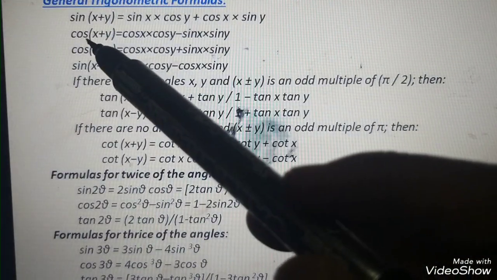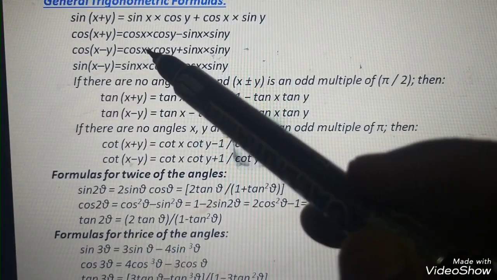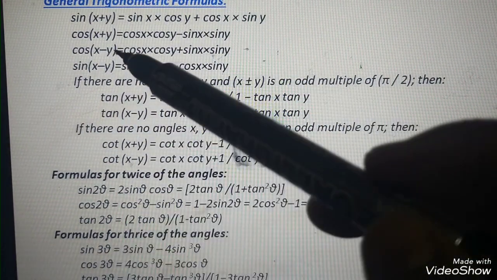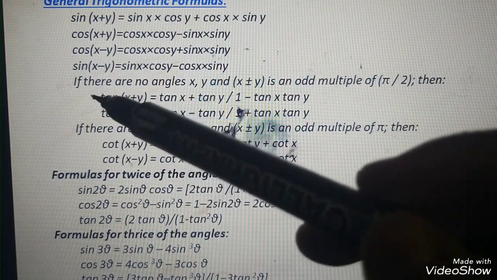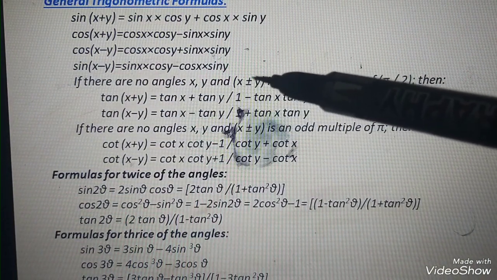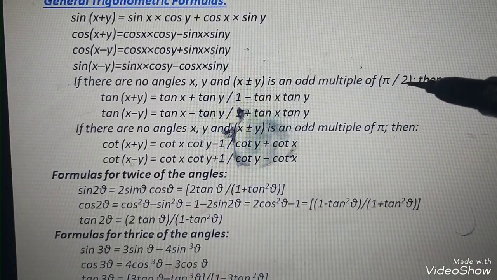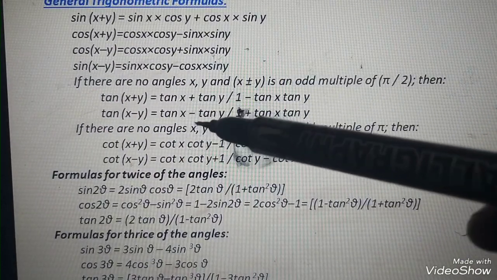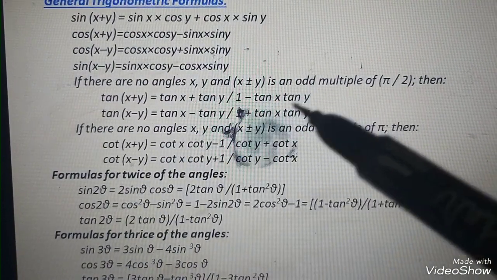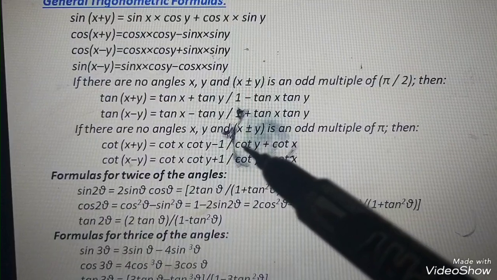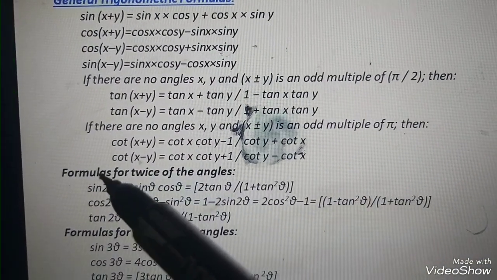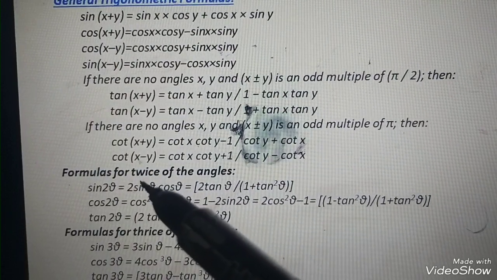Cos(x plus y) is cos x cos y minus sin x sin y. If x, y and x plus or minus y are not odd multiples of pi by 2, then tan(x plus y) and tan(x minus y) are the formulas. And if x, y and x plus or minus y are not odd multiples of pi, then we have cot(x plus y) and cot(x minus y).